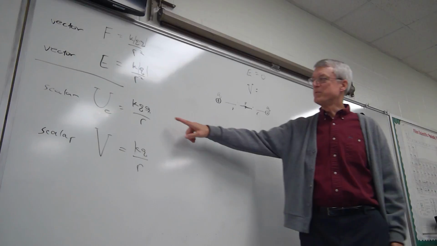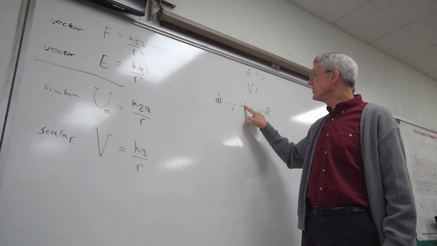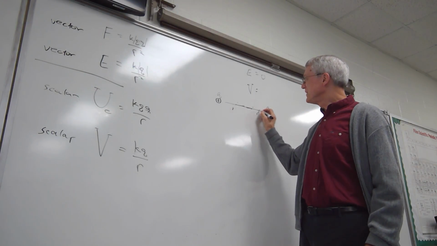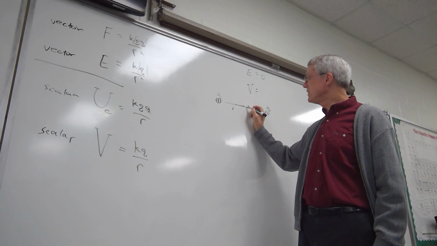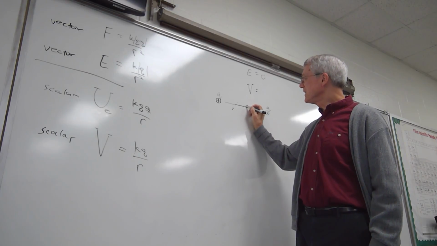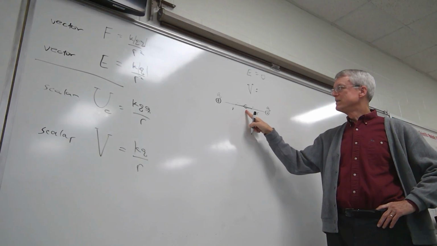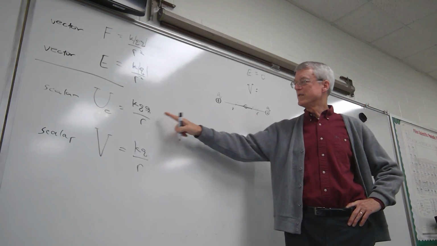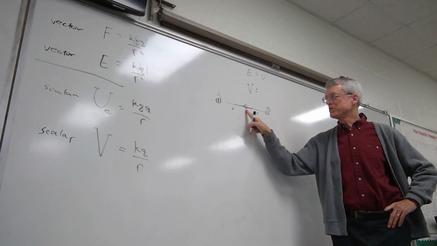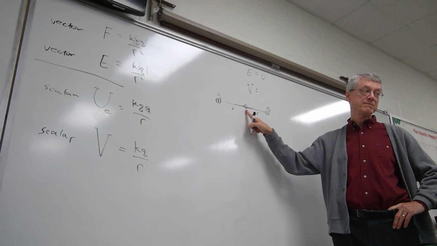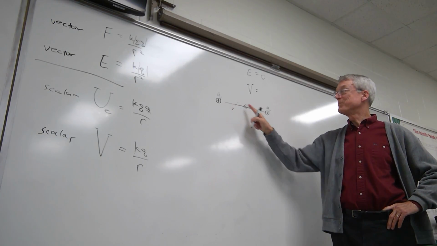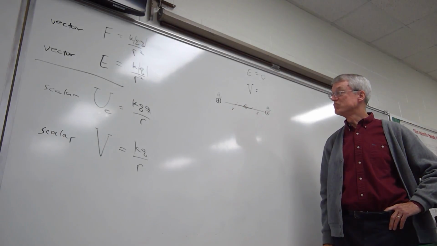If I was to ask you about U, now you've got to have a test charge in there somewhere. So if I put a negatively charged, I put an electron right there. And does it have potential energy right here, or is its potential energy 0? Potential energy, the net potential energy from both of them.